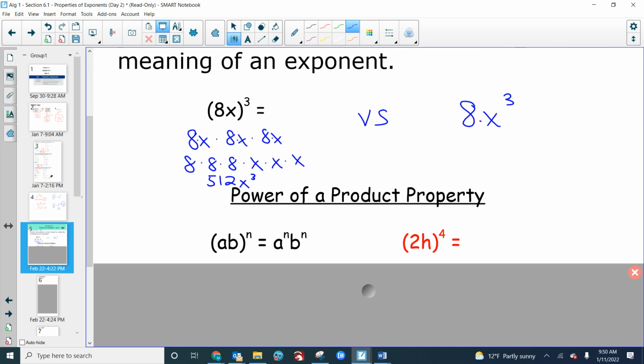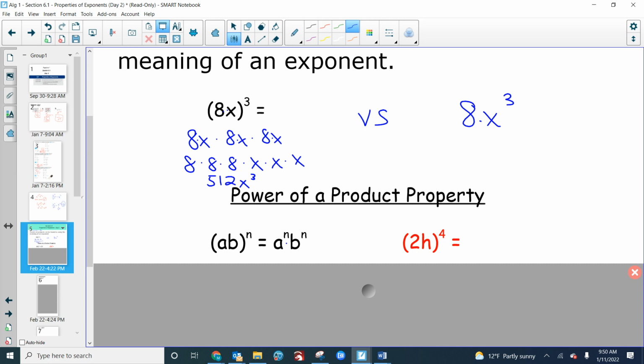So the power of a product, this is confusing, but it might make sense. The power of a product is the product of the bases raised to the powers. So watch up here before you write anything down. 8x to the third was 8 to the third times x to the third, wasn't it?